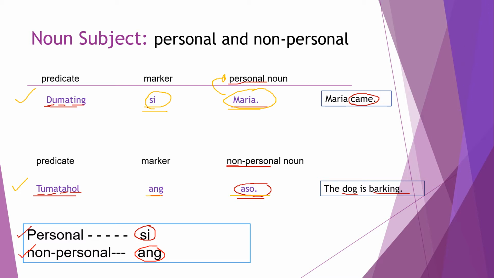So just by remembering the si and ang, we can identify if the noun subject that is being used in a sentence is a personal or a non-personal noun. Did you get it? I hope it's clear.